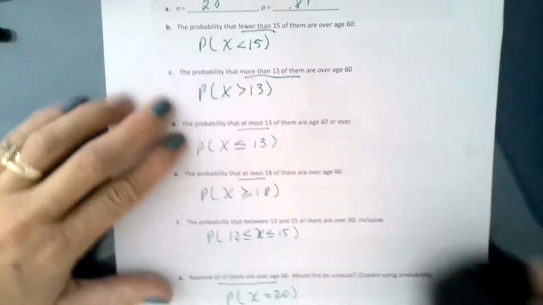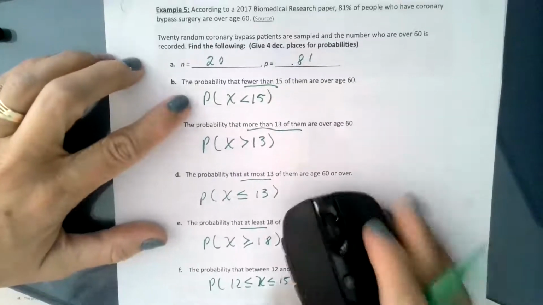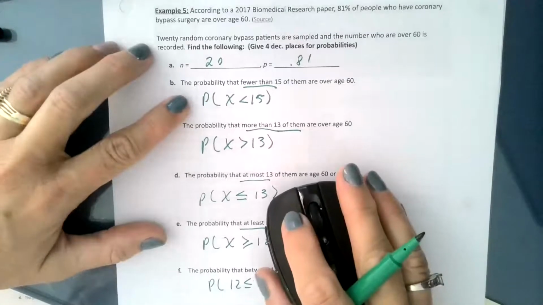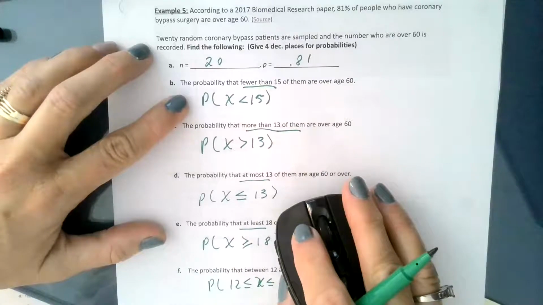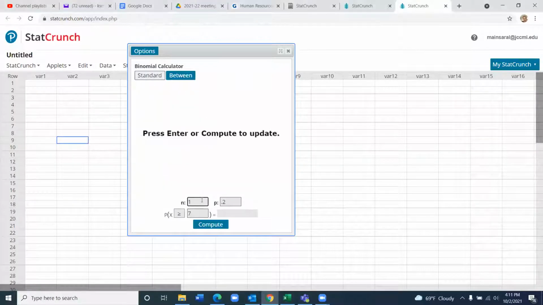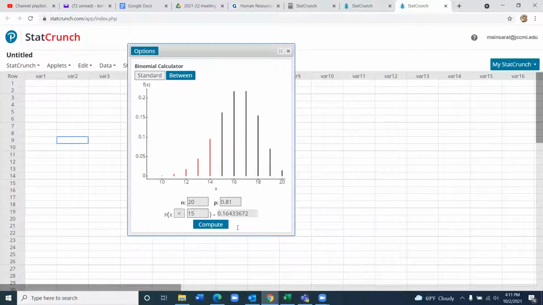Okay, so let's go to StatCrunch, and we're going to start with B here. X is less than 15. So we have to adjust our N, and our probability is 0.81. And our first one is X is less than 15. And so that is likely.